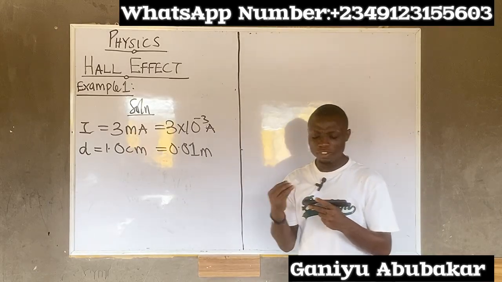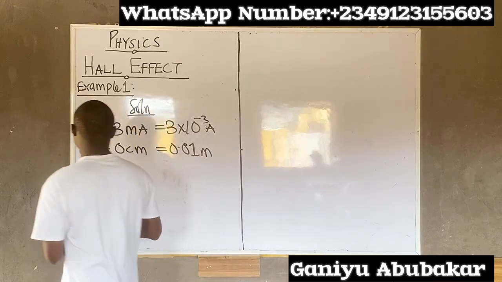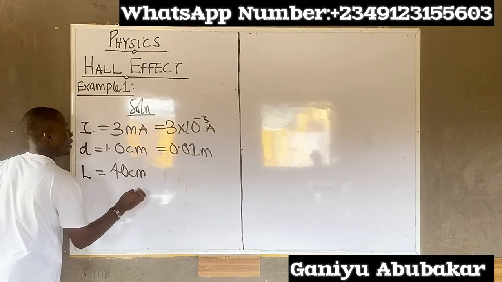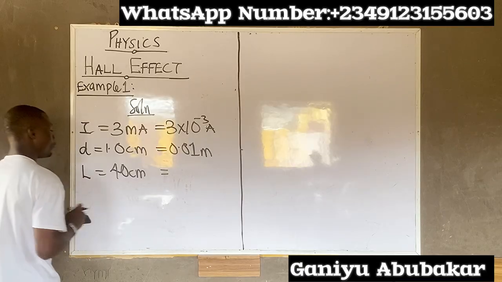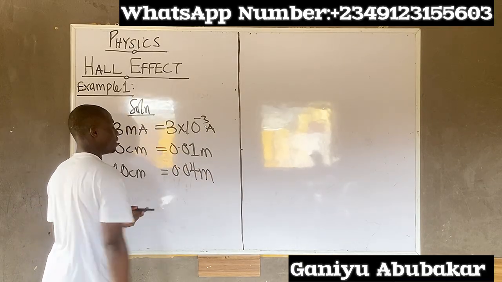Next task there says 40 cm long. That's the length, so length is 40 cm. Convert this to meters, this gives you 0.04 meters.